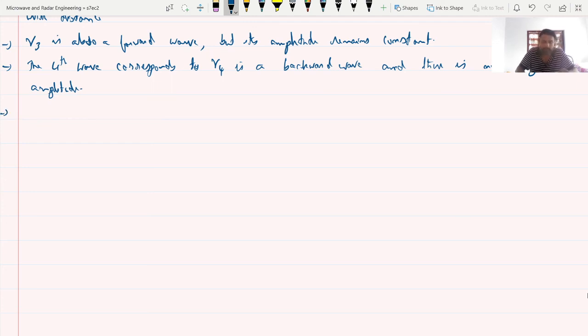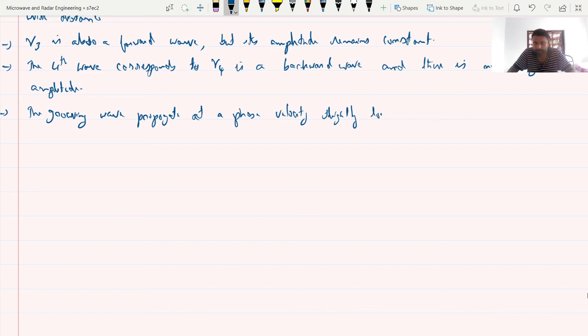I will write the next point. The growing wave propagates at a phase velocity slightly lower than the electron beam velocity.